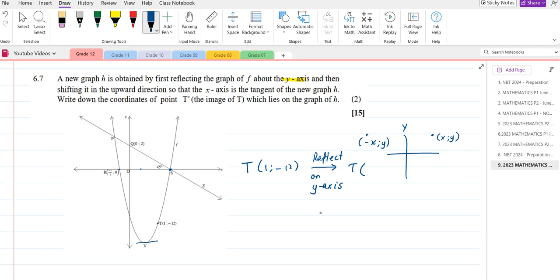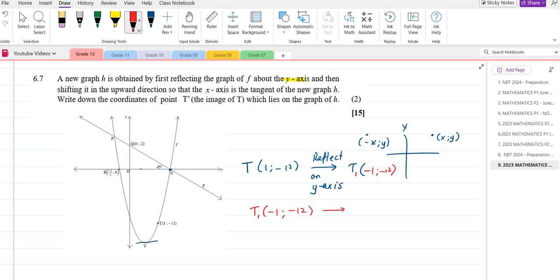That was the second, right? So T prime, not this T prime. Okay, so after reflection this point, which was 1 and minus 12, now becomes negative 1 and negative 12, right? Now let's call it T1 here, negative 1 and negative 12.